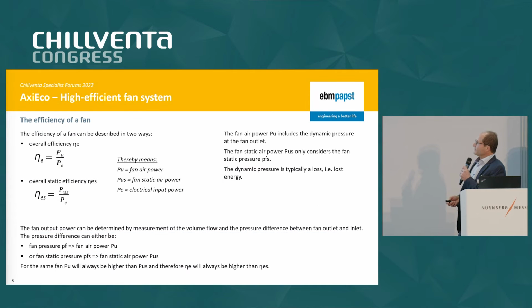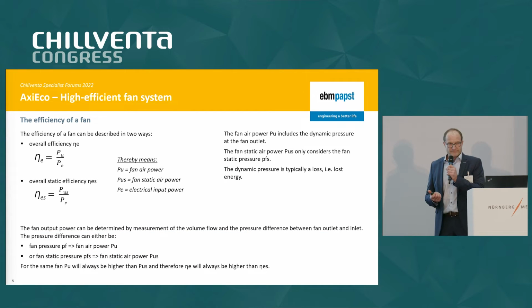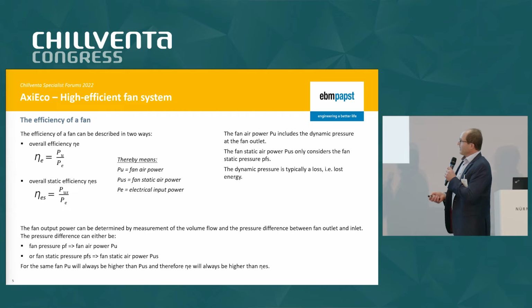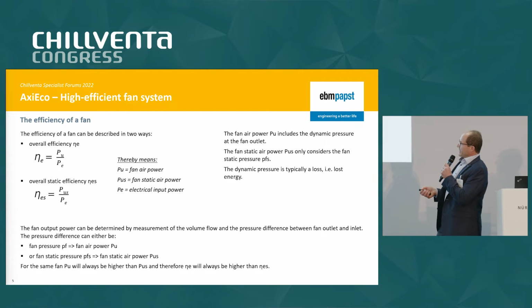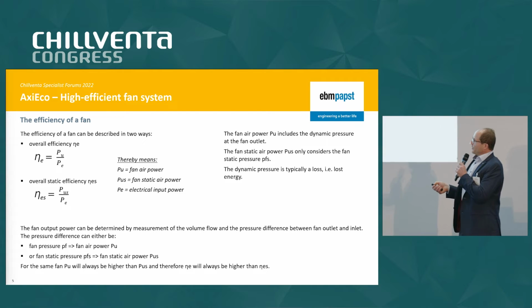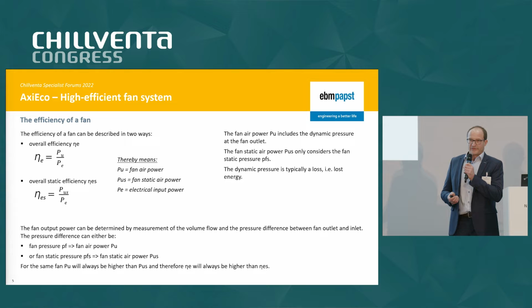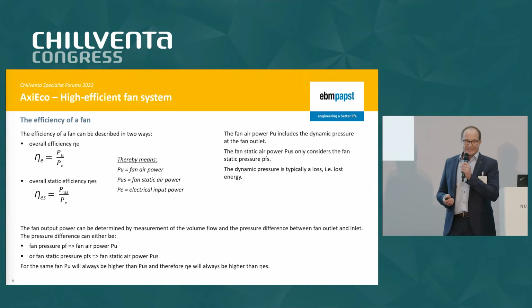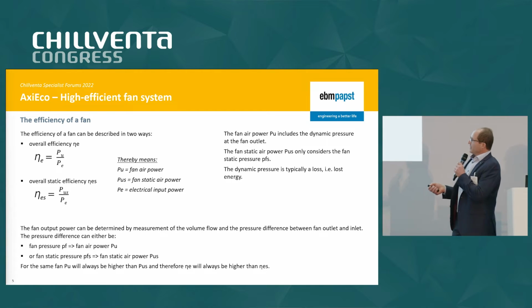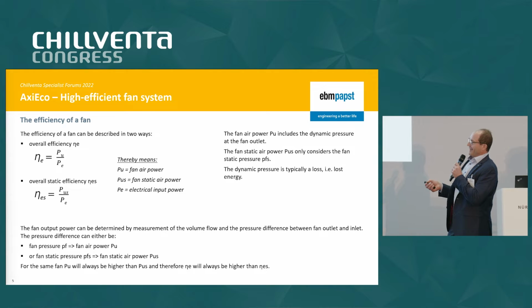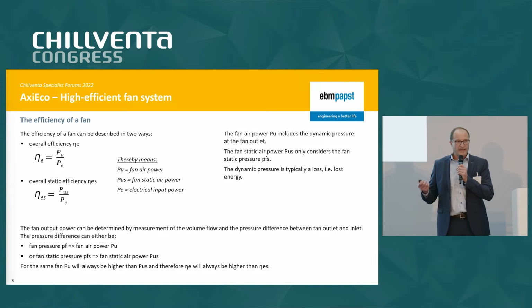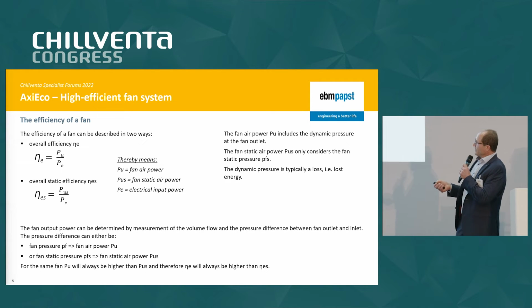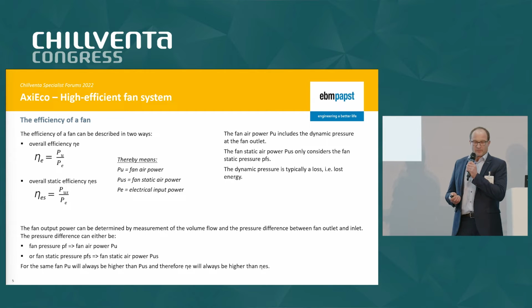Right, next one. What is efficiency? What's the efficiency of a fan? If you look at this in more detail, you will see that we have two possibilities to look at the efficiency. Firstly, we have the so-called overall efficiency eta E. This consists of the fan air power, the total air power, divided by the electrical input power.